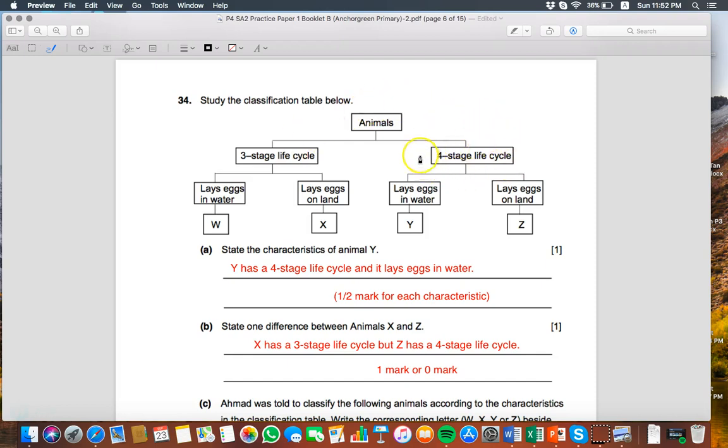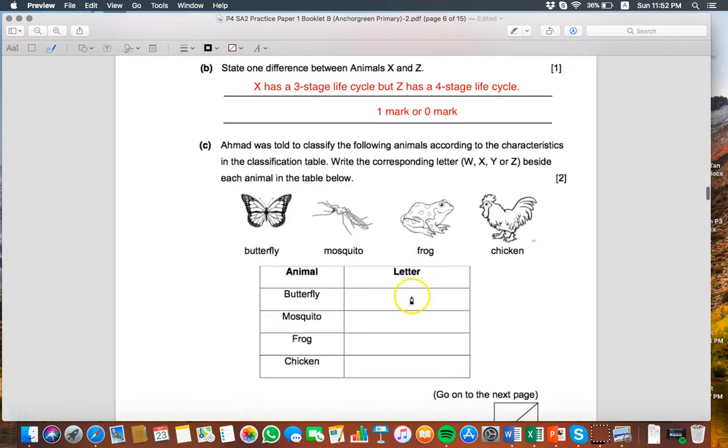Yes, a 4-stage life cycle: egg, larva, pupa, adult, and back to egg again. And butterfly lays eggs on a leaf, and this leaf will be present on land. So in this case, this would be Z.